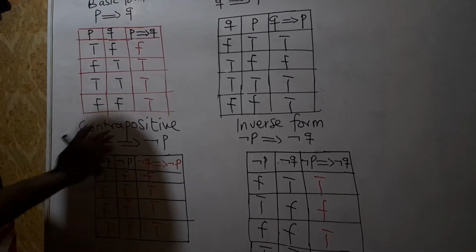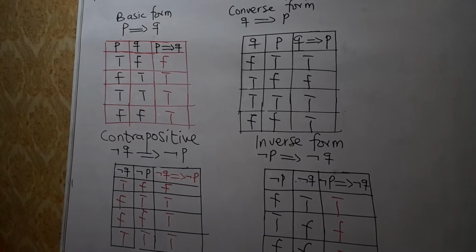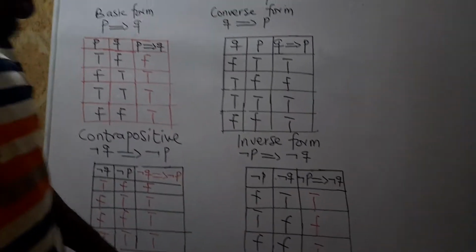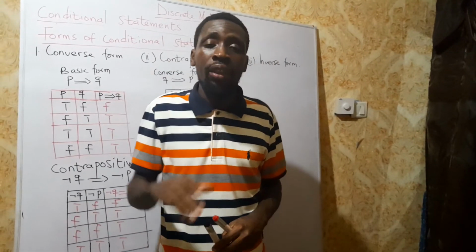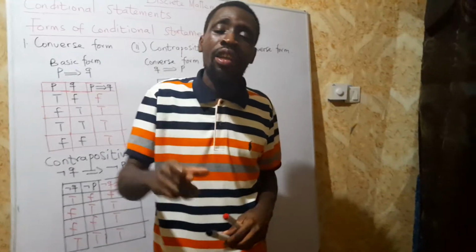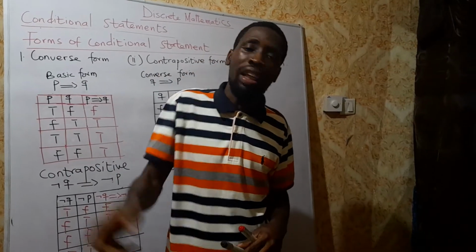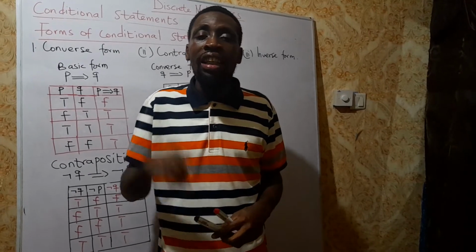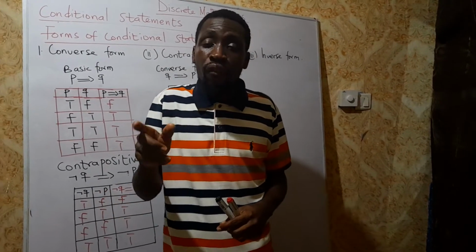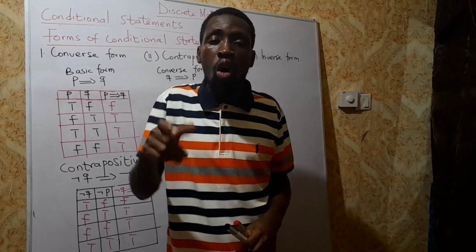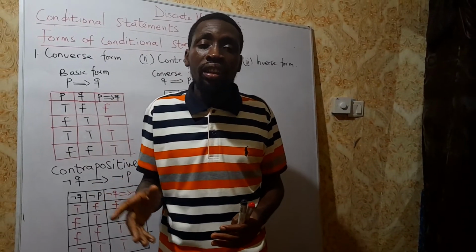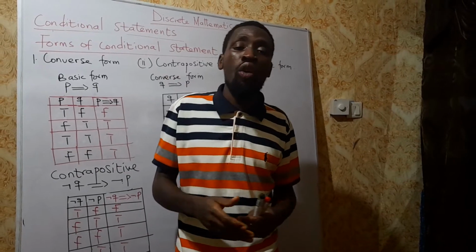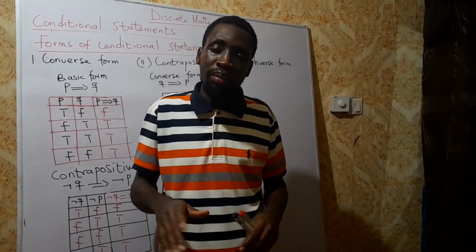They have the same true value in all respects. This shows that the contrapositive form of a conditional statement is the only statement that is equivalent to the basic form and hence provides the basis for validity. This means that a statement is only valid if it is in its basic form or in its contrapositive form. The inverse and the converse forms are not valid statements.